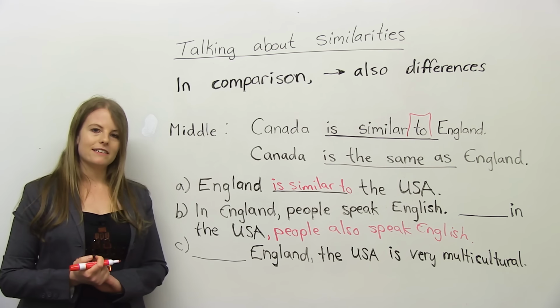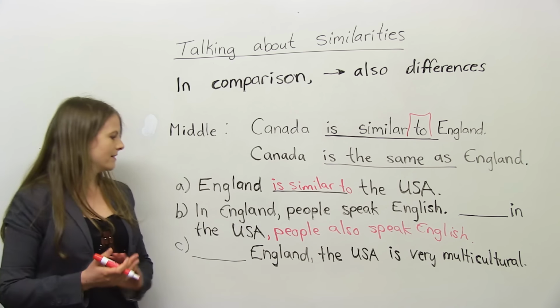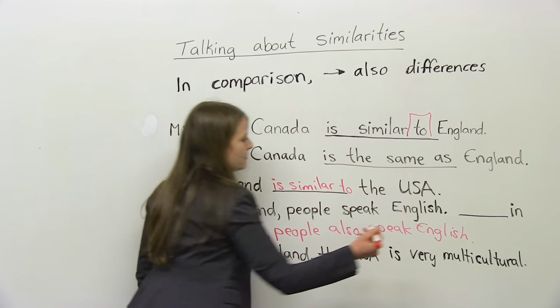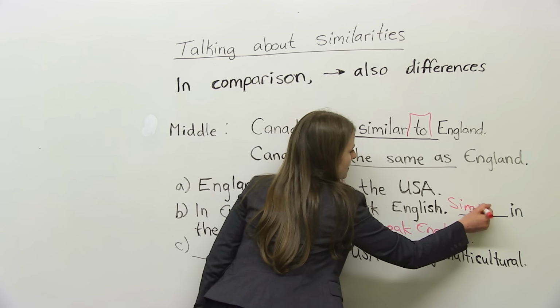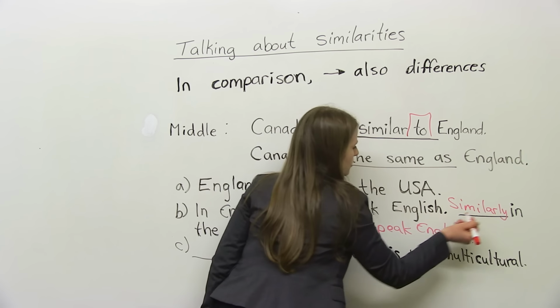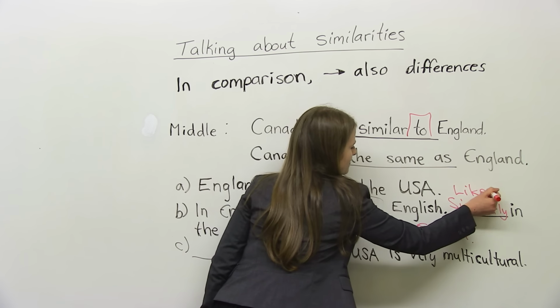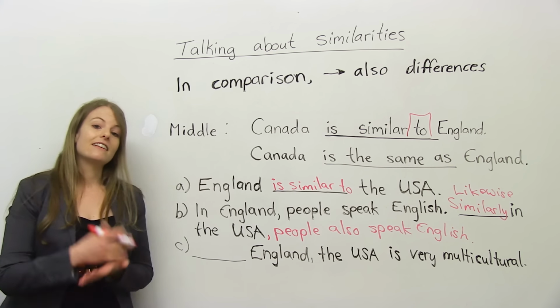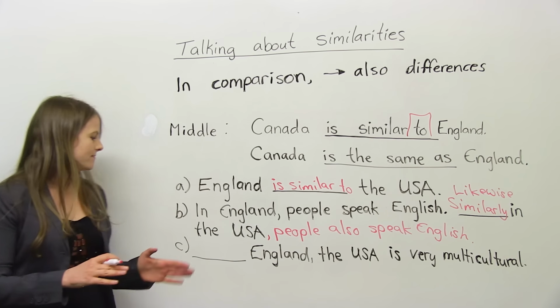Okay, so what could we put over here? There's many different things we could put. We could put similarly. We could put likewise. Okay, in comparison, there are many different words we could use here.